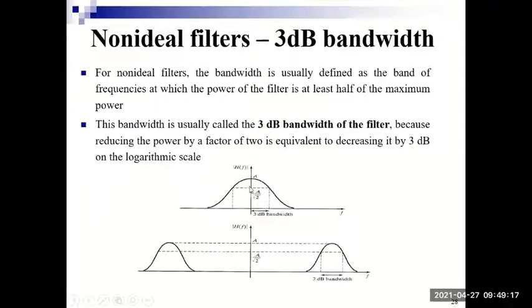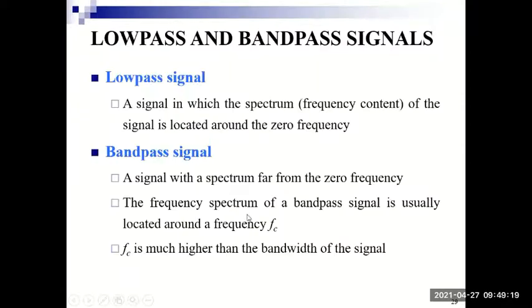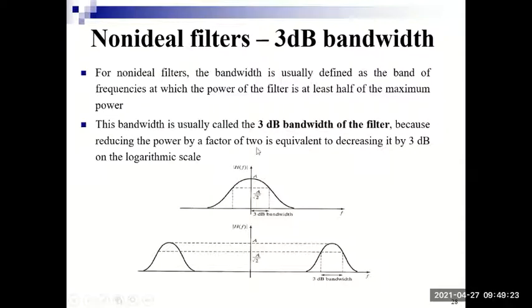In a low pass filter, the lower cutoff frequency is 0. The higher cutoff frequency is defined at that point where the gain comes to maximum value by root 2.